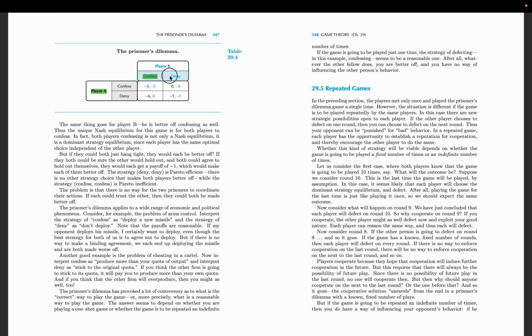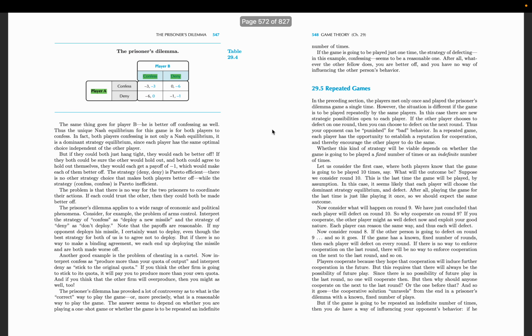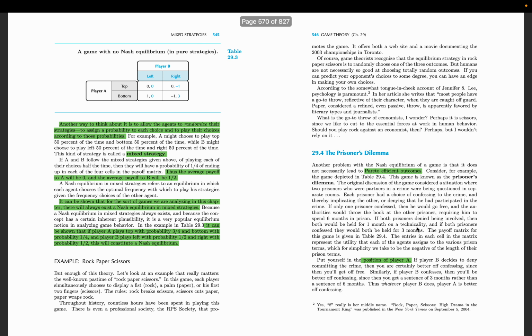If B decides to deny, where do you think A will be better off? He has 0 days for confessing and 1 month for denying. He's better off confessing, right? So if B decides to deny committing the crime, then you are certainly better off confessing, since then you'll go free.